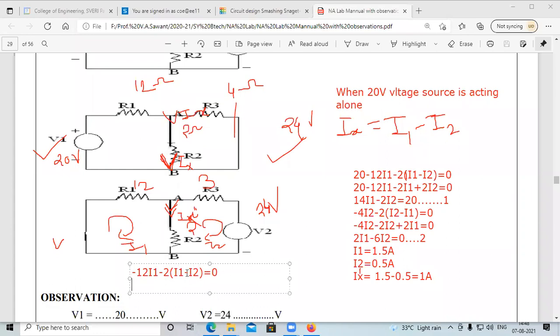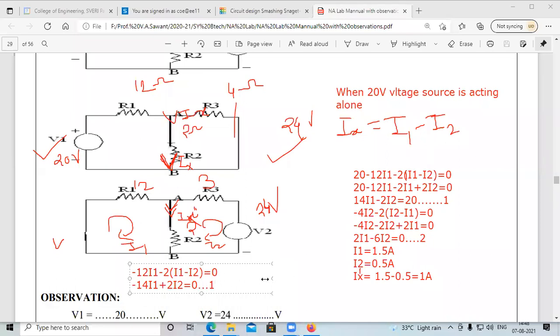Simplify this: minus 12 minus 2 becomes minus 14 I1, then plus 2 I2, equal to 0. This is the first equation.